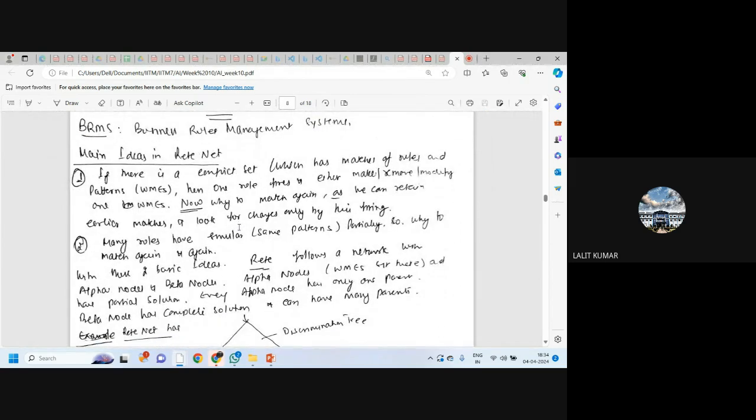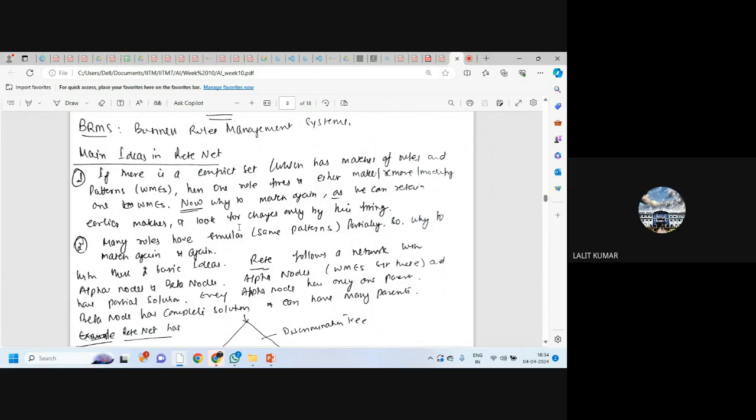And the second basic idea was that in many rules we have some patterns. The first pattern, second pattern, some patterns might be common in many rules. For example, in rule one we say the same pattern, and in the second rule also there is that part, and in the third also.